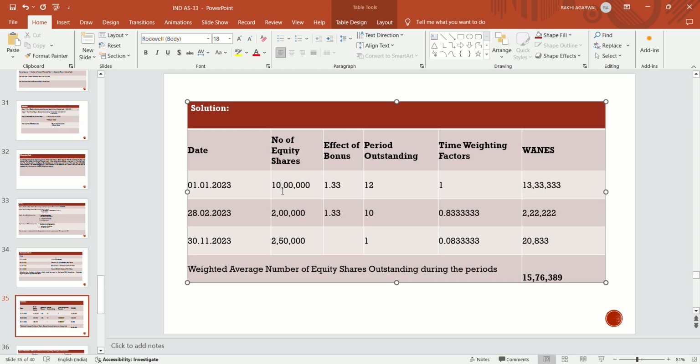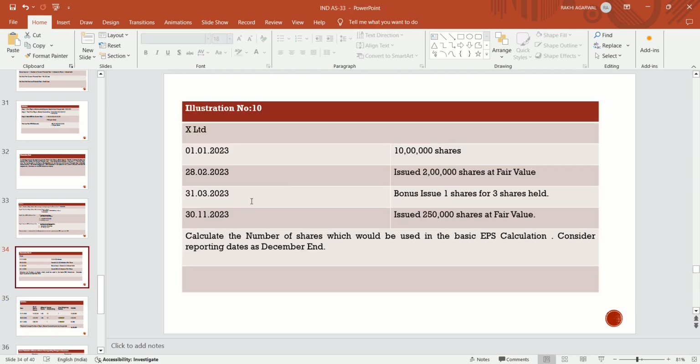Now, though the bonus is issued on 31st March, the bonus effect is given from the beginning, from the date when the shares were already existing.